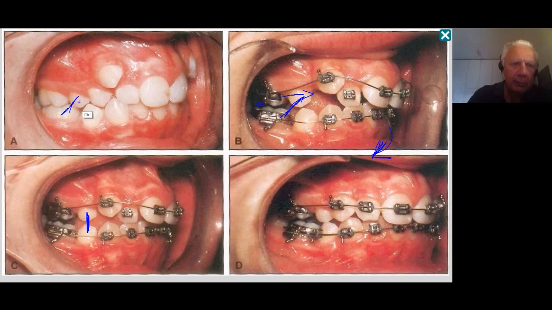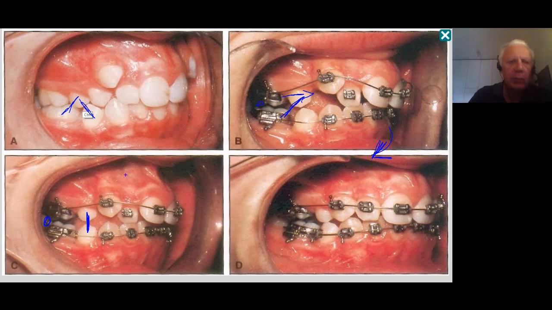And this goes on. You see that the bite is opening here so much. There's no bracket on the second premolars. So why do you think we have this bite opening? It's just because the mandible is rotating to the distal. And the more we have this pre-contact here, we have now a class 2 relation.